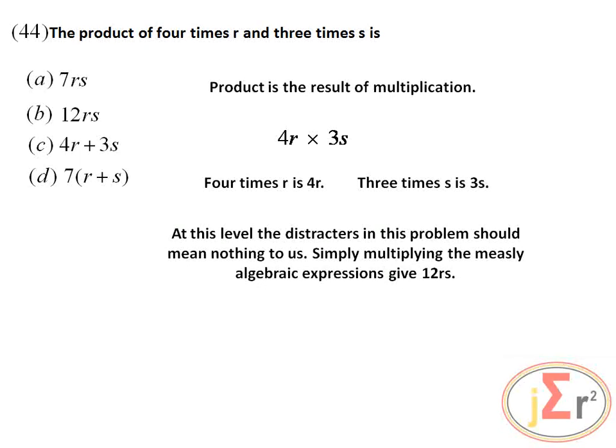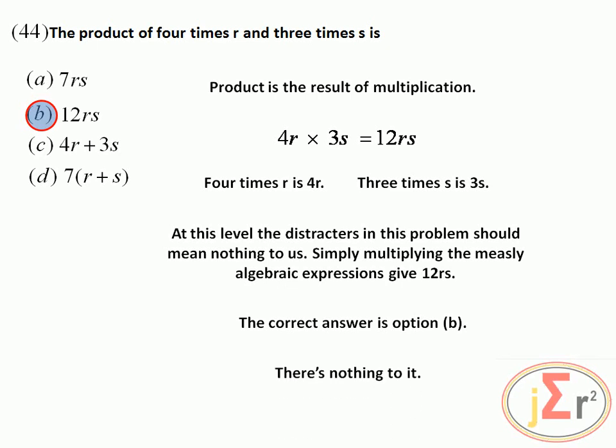Simply multiplying the algebraic expressions gives 12RS. 4 times 3 is 12, R times S is RS. No problem. The correct answer is option B, 12RS. There's nothing to it.